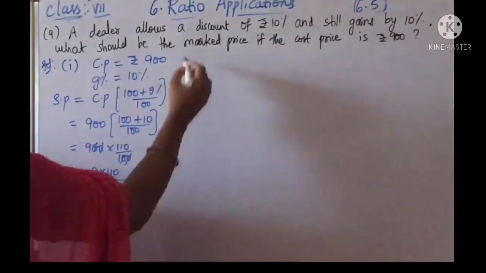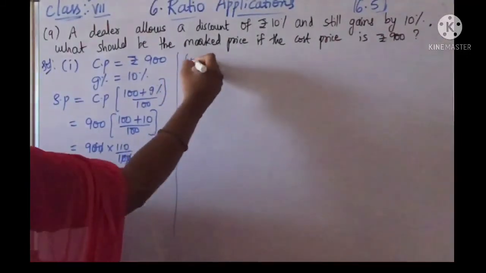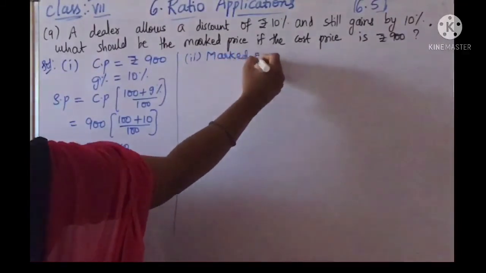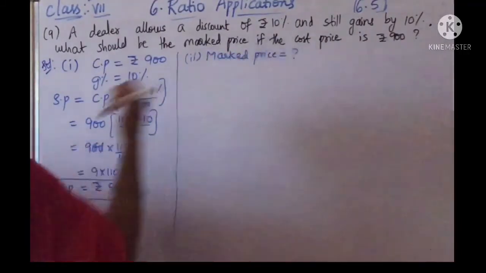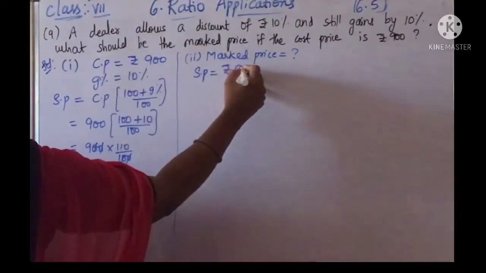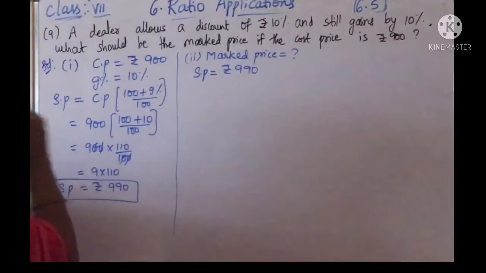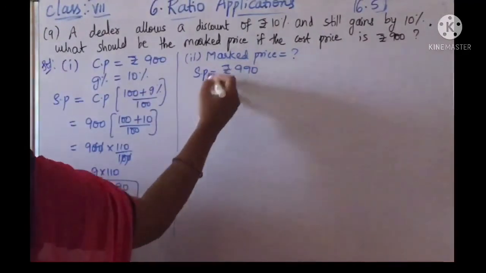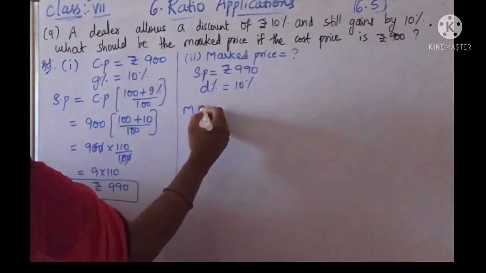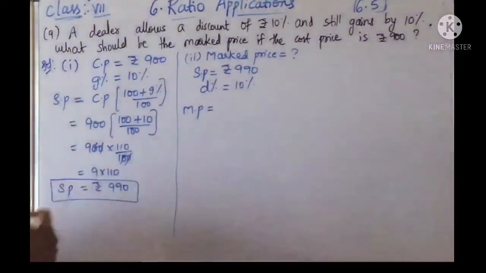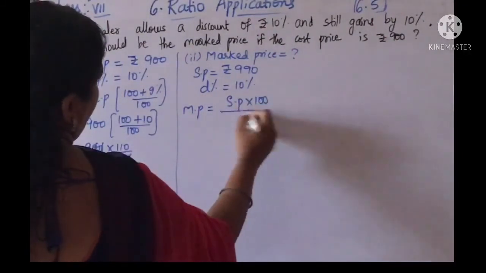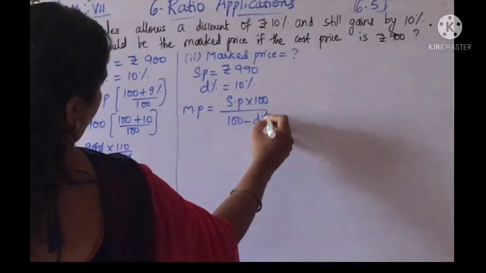And using this SP in the second part, we need to find the market price. Market price. So here market price is question mark and SP is given how much? 990, right? Now we need to find, and the discount percentage is given as 10%. So what is the formula for the market price, children? Here SP into 100 by 100 minus discount percentage.